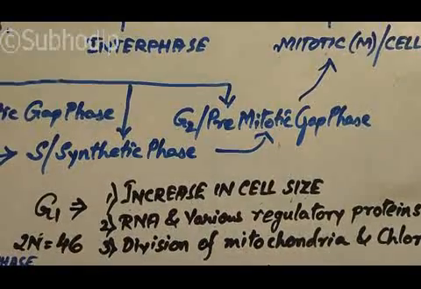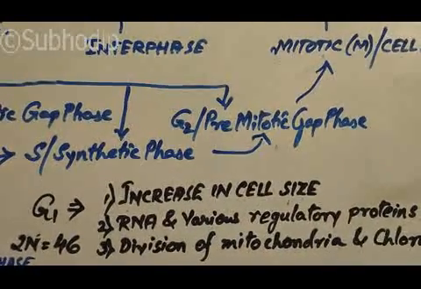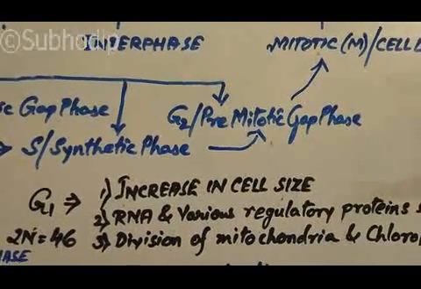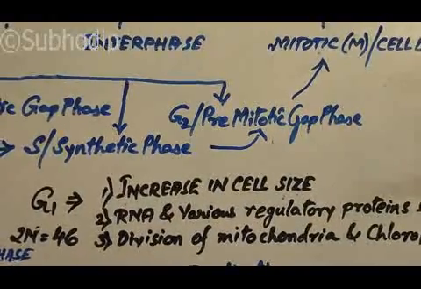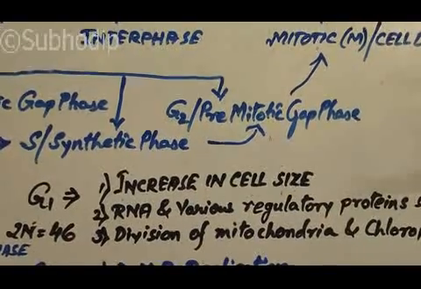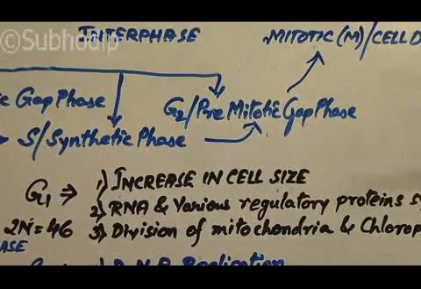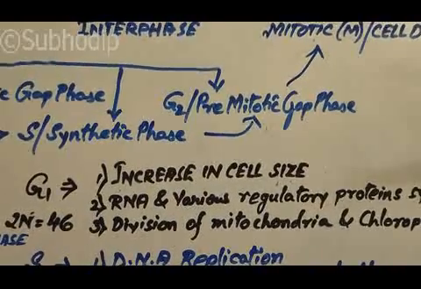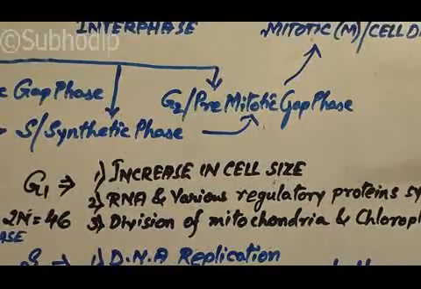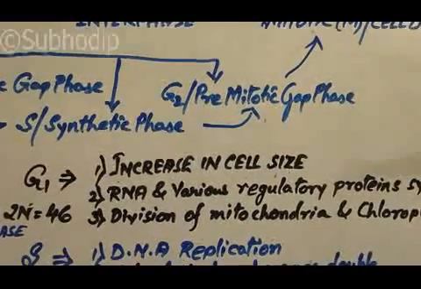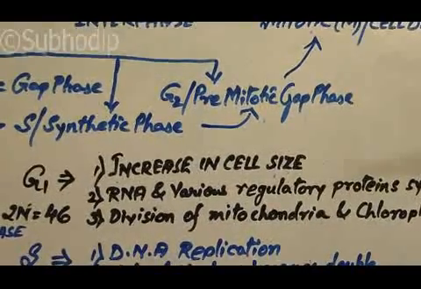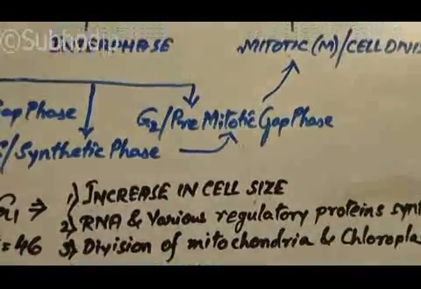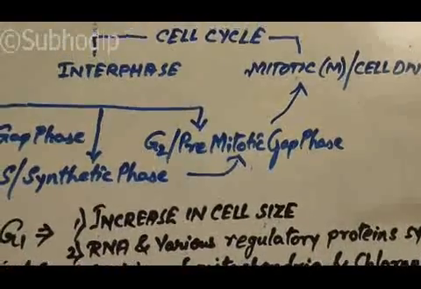Cell division increases the number of cells and the surface area of the body. It helps in wear and tear of tissues, helps to repair them and replace dead cells. Cell division is essential for the continuity of life in the form of new generations.